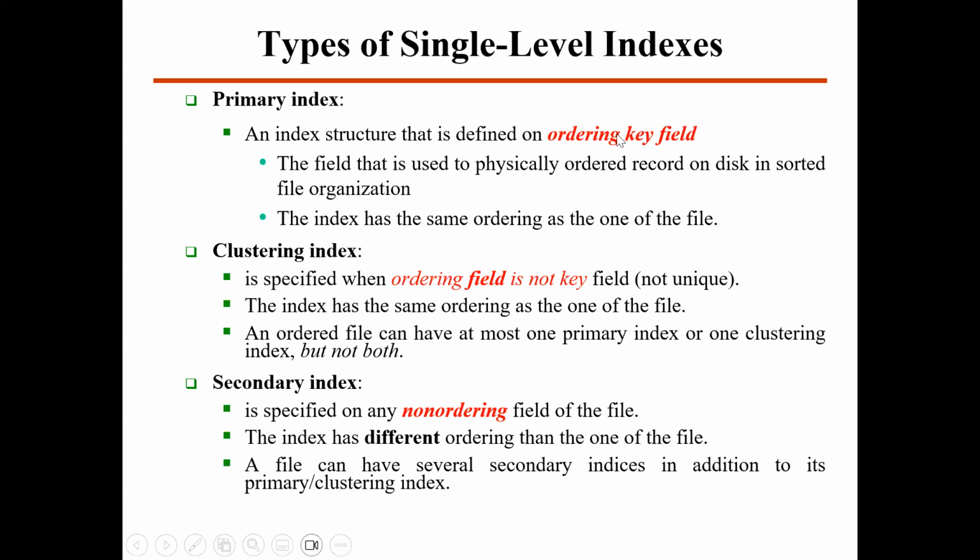When you create an index on the ordering key field, then it is called a primary index. This is the field that is used to physically order records on the disk in a sorted way. The index has the same ordering as the file.